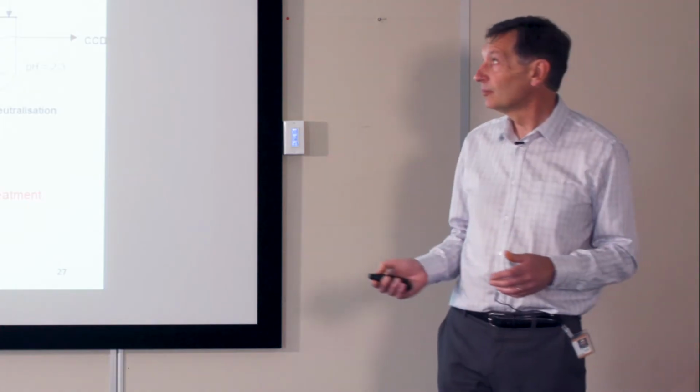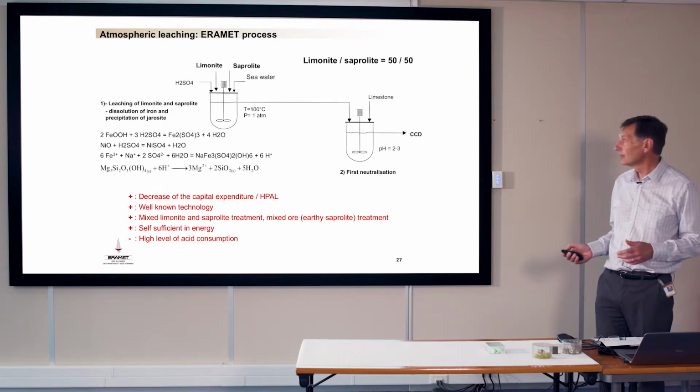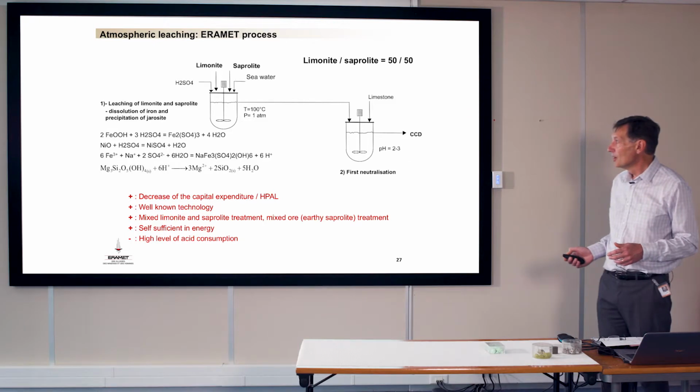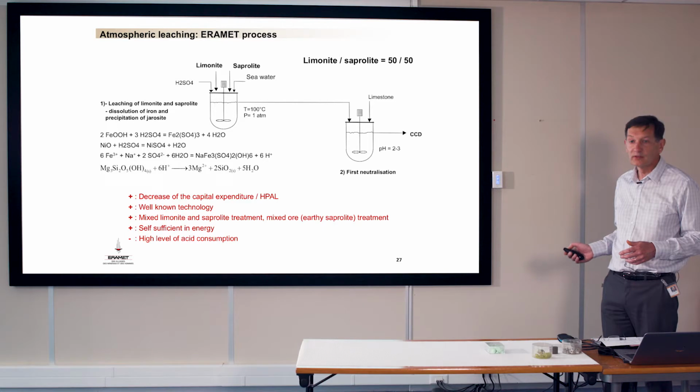The last process is the process used by ERAMET. The main difference towards the other processes is that you do all the reaction in the same vessel, in the same reactor.